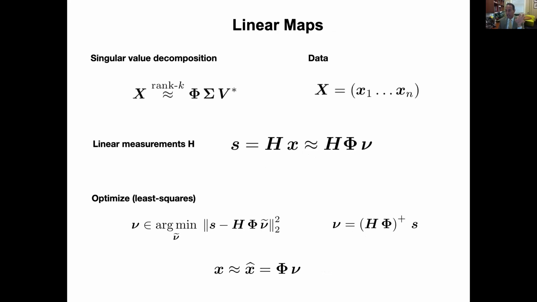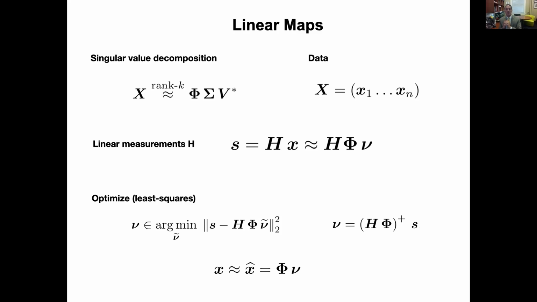So you can do a singular value decomposition of that data matrix, and there it is, right on the top left, phi sigma v star. So phi itself are the dominant spatial features of the data, okay? And so what I would like to do is use those as a way to start placing sensors.